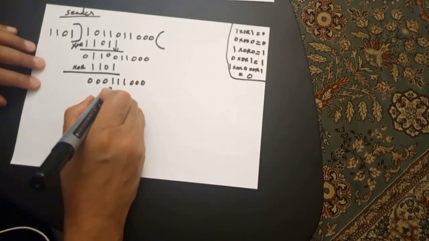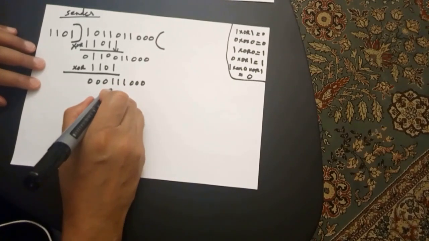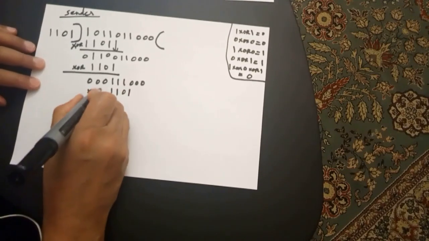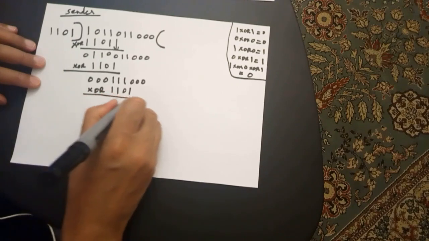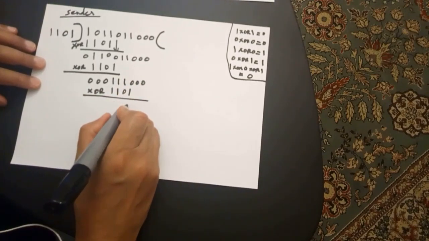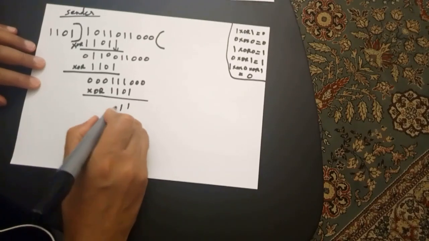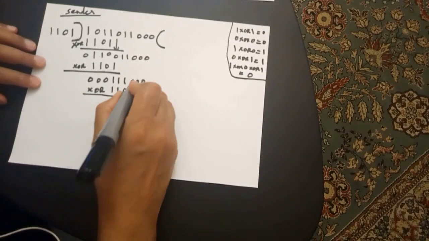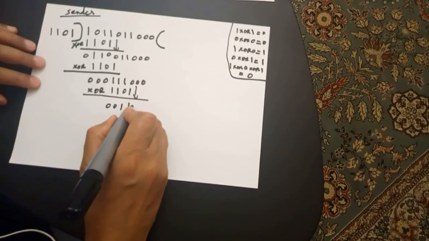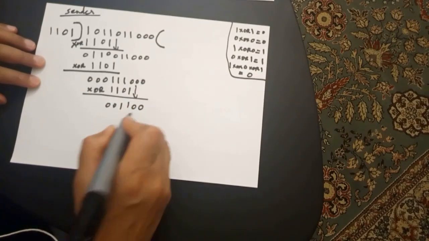Now again start with the leading 1, so 1 1 0 1 XOR. So 0 XOR 1 is 1, 1 XOR 0 is 1, 1 XOR 1 is 0, 1 XOR 1 is 0, and copy the remaining 0 0.